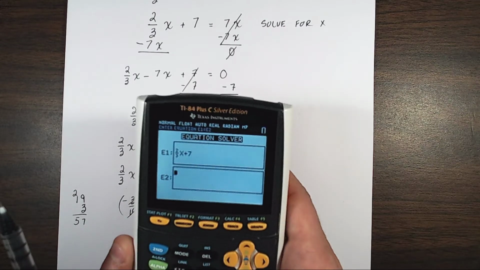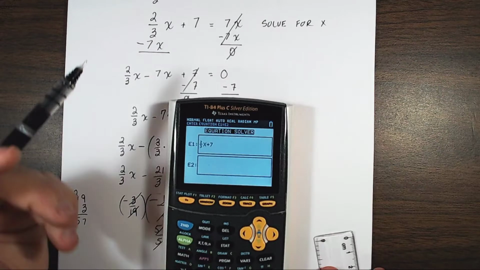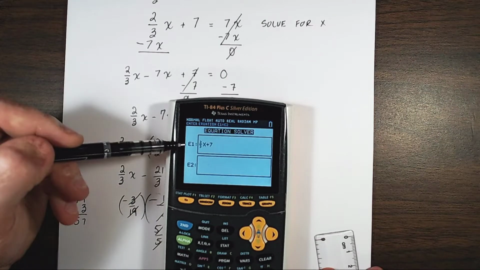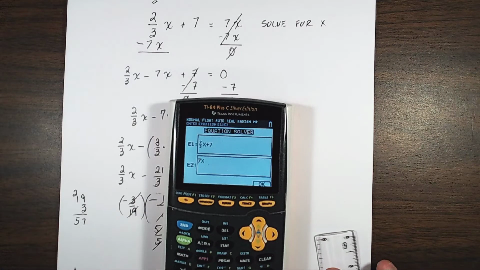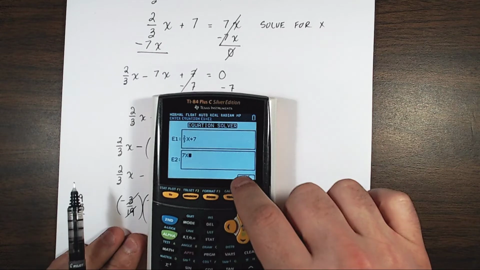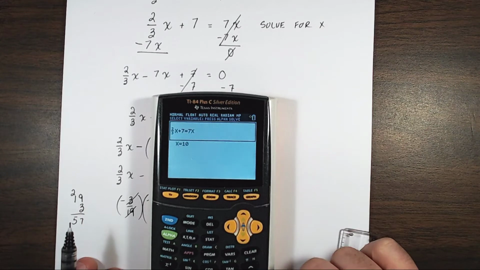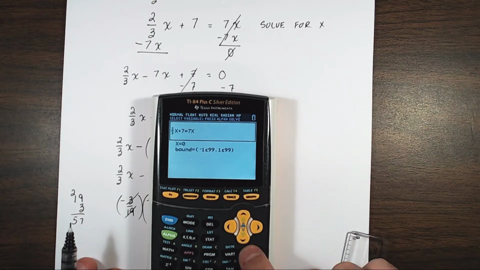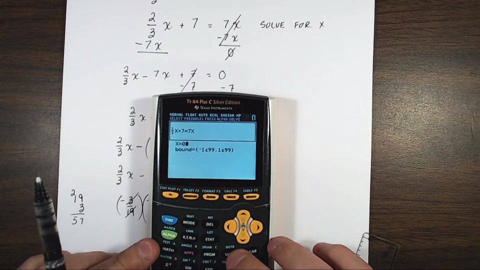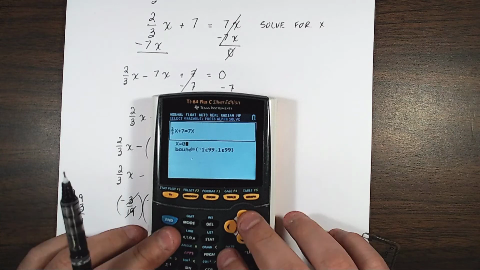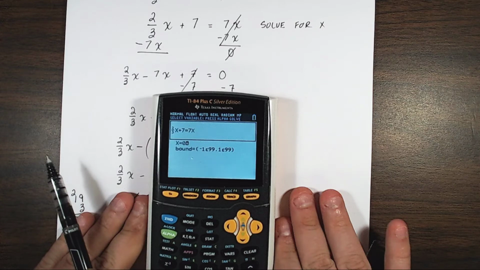So I'm going to put in the left side of the equation on E1 and then the right side of the equation on E2. It's making me put it in to get that OK symbol to come up. So then I hit OK and clear out whatever's in there for x, put a 0, and then hit alpha solve, okay, which is alpha and then the enter key.